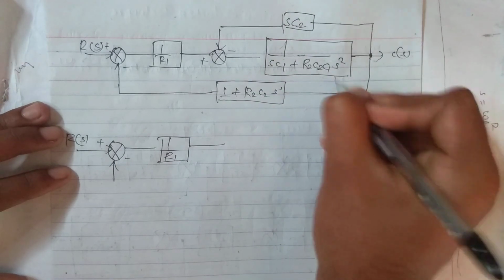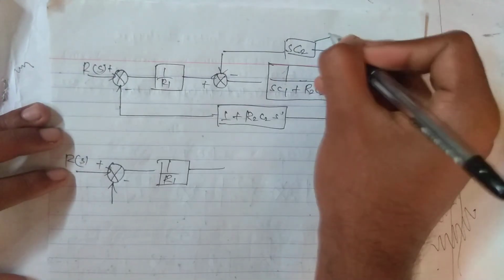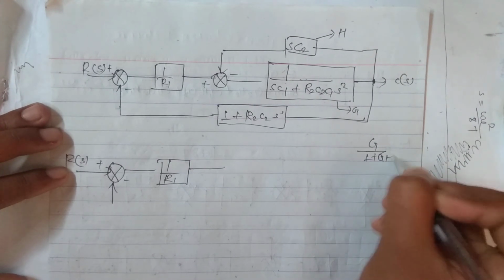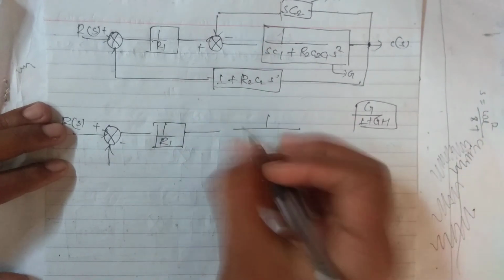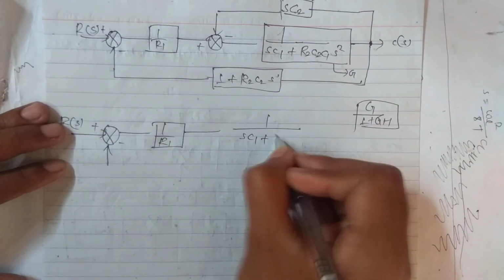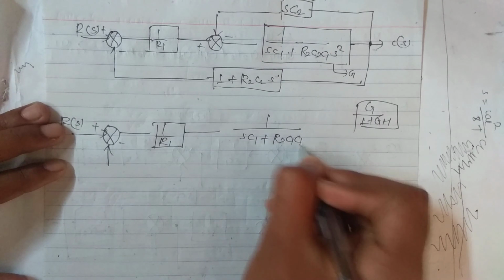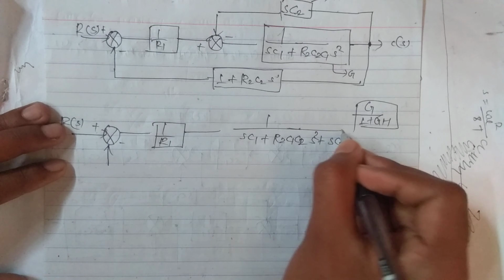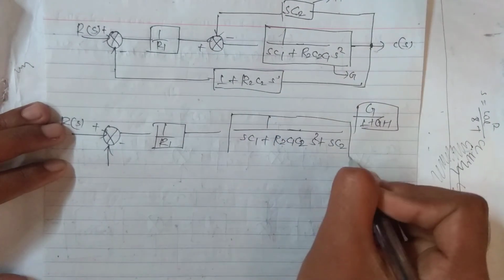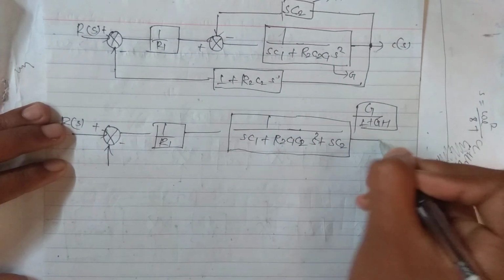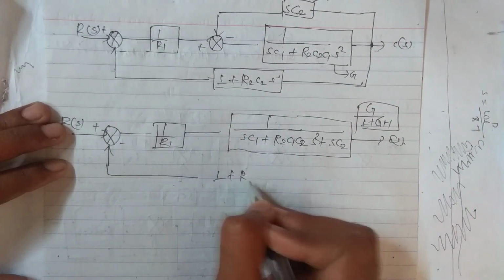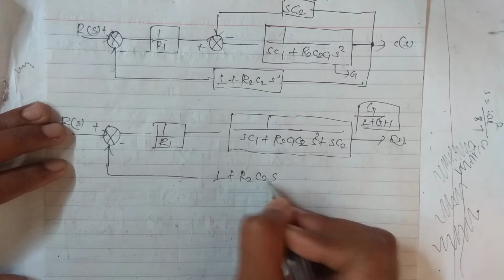Assume it as a G and assume it as an H. So by applying negative feedback we have G by 1 plus G into H. So we get 1 upon SC1 plus R2 C1 C2 and S square plus SC2. And here we have CS, 1 plus R2 C2 and S.